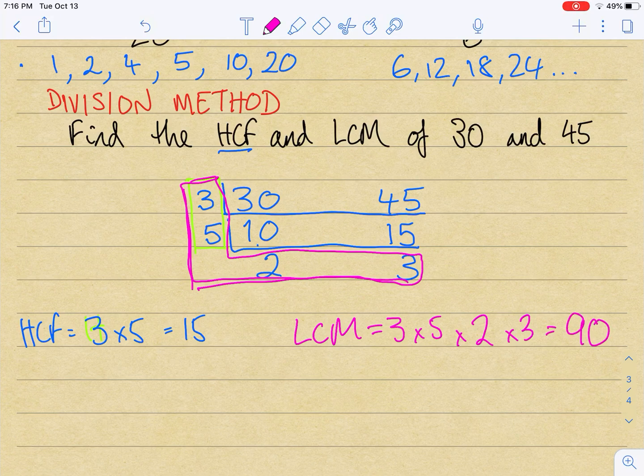And so the lowest common multiple of 30 and 45 is 90. And I could check that by listing the multiples of 30 and 45. 30 is 30, 60, 90. And you can see there's my 90, and 45 is 45 and then 90. So there we go, the lowest common multiple of both of them. All right, that's the first three topics.